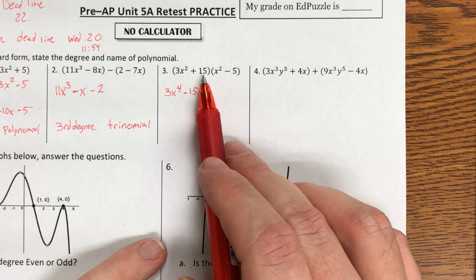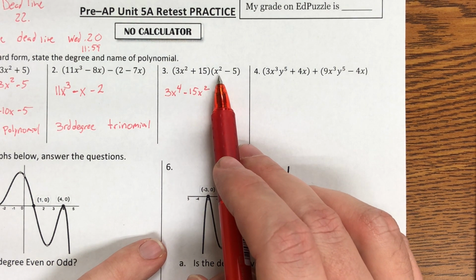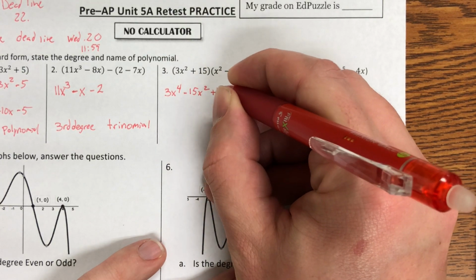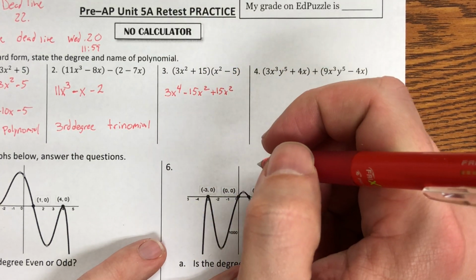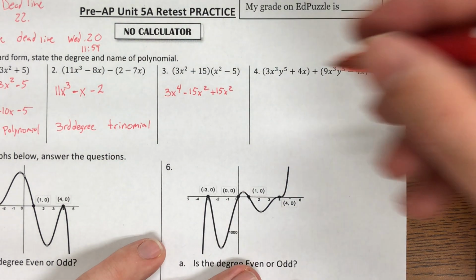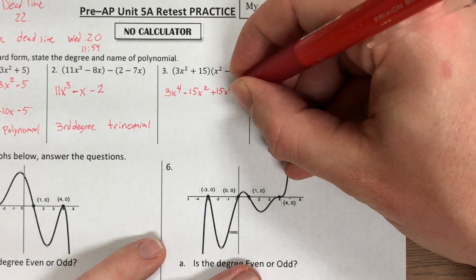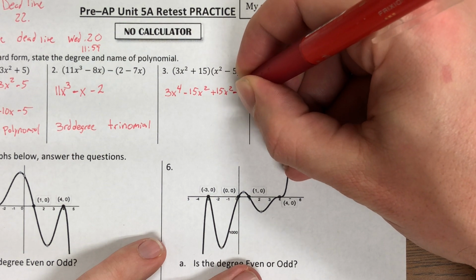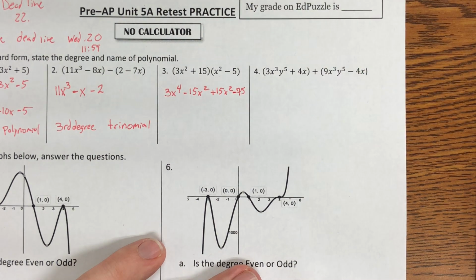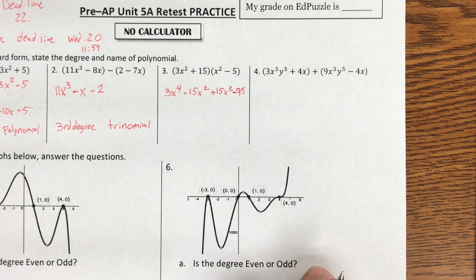Now I work with this 15. 15 times x squared is going to give me plus 15x squared. And 15 times negative 5 is going to give me negative 75.